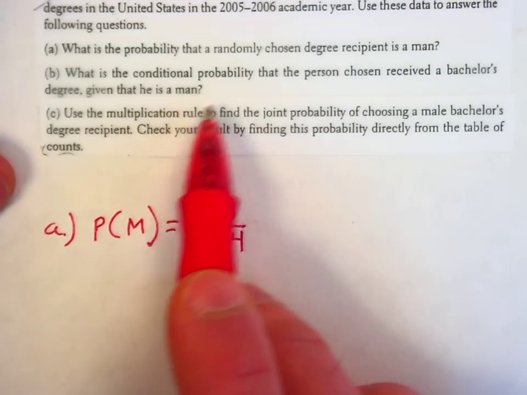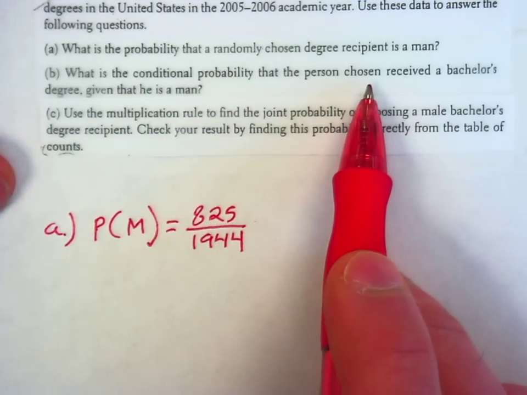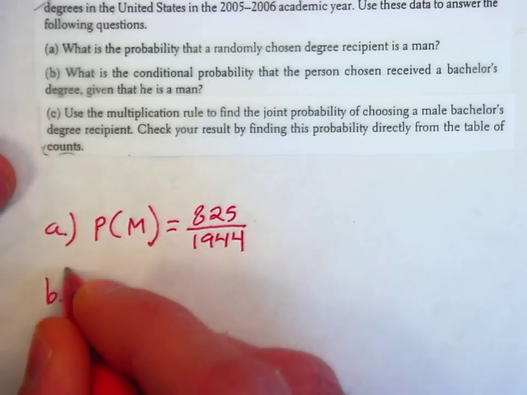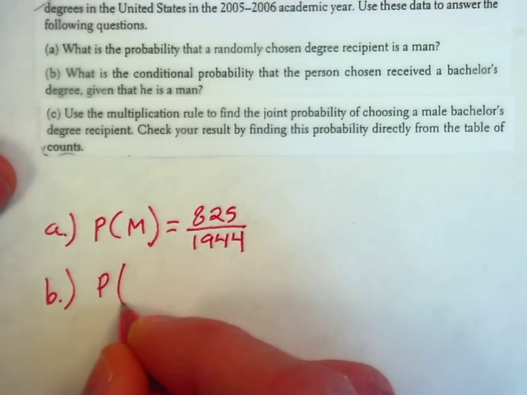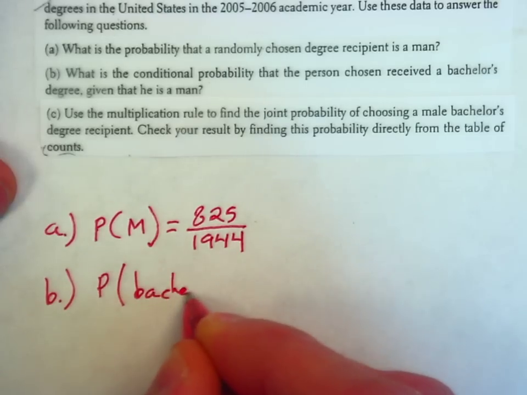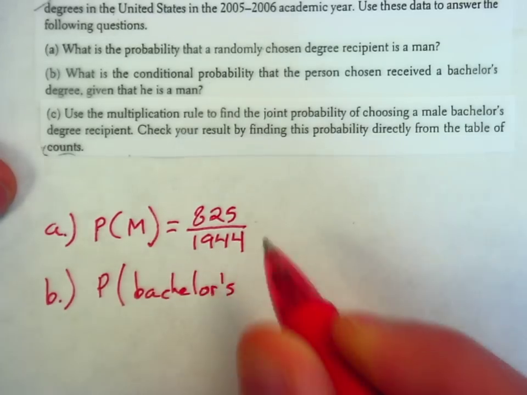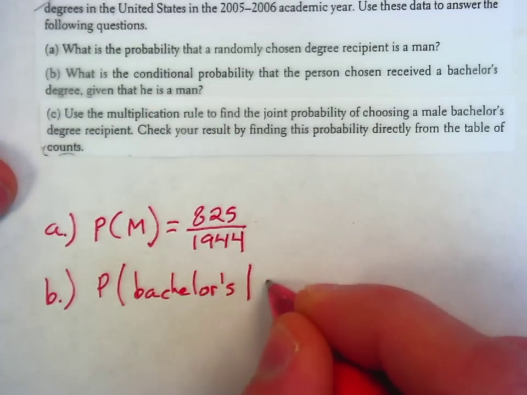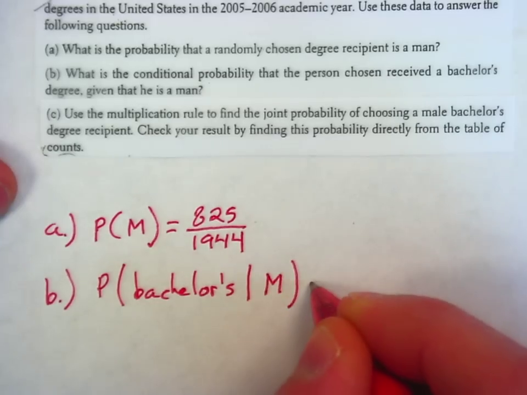For part B, what is the conditional probability that the person chosen received a bachelor's degree? So for part B, I want the probability that we have a bachelor's degree, given that he is a man, so under the condition that we are only looking at the males.